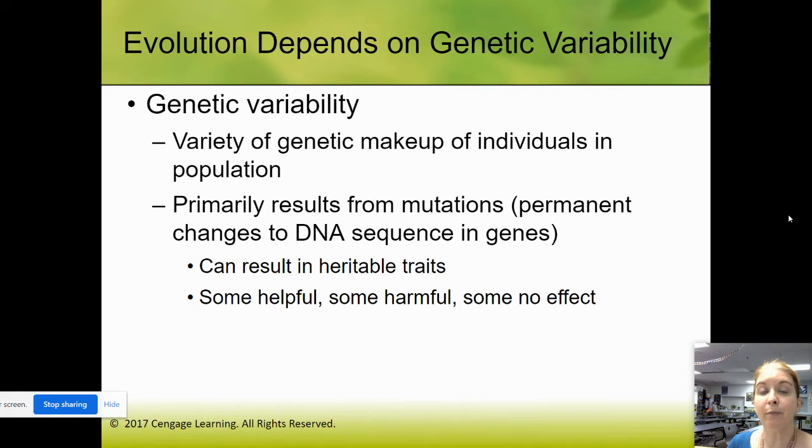Some can be helpful, maybe make you a little bit smarter, a little bit stronger, a little bit faster, or, if you're an animal, a color that blends in with stuff so you're not eaten as often. Some are harmful. Cancer is a fairly common example of a genetic mutation that is harmful. But most of these mutations have no effect. You don't even know that they're happening.